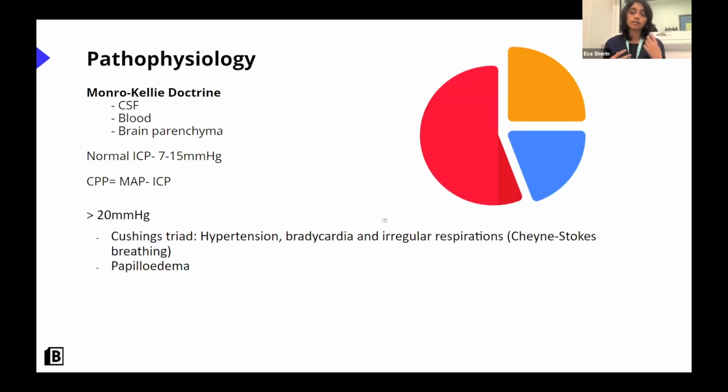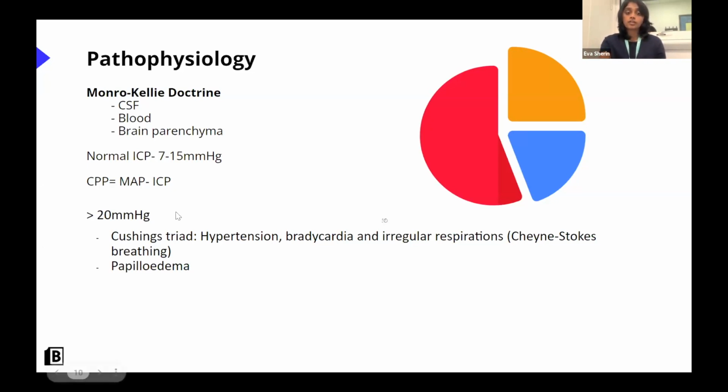So if one increases in volume, the other two try their best to compensate. If your blood is increasing, then your CSF will go down. If your brain parenchyma increases because of a tumor or an abscess, then your blood or your CSF comes down. So they compensate in such a way that it is all still intact within the skull cavity.